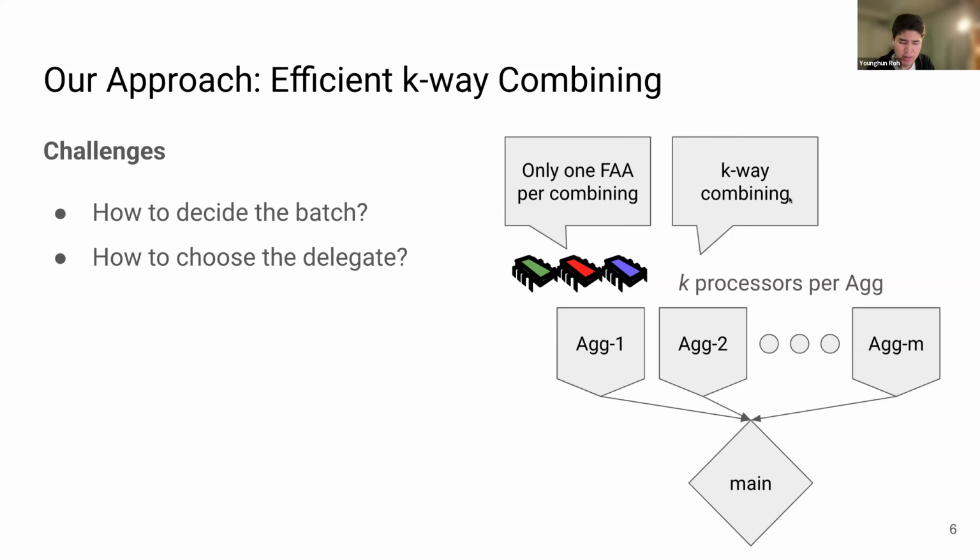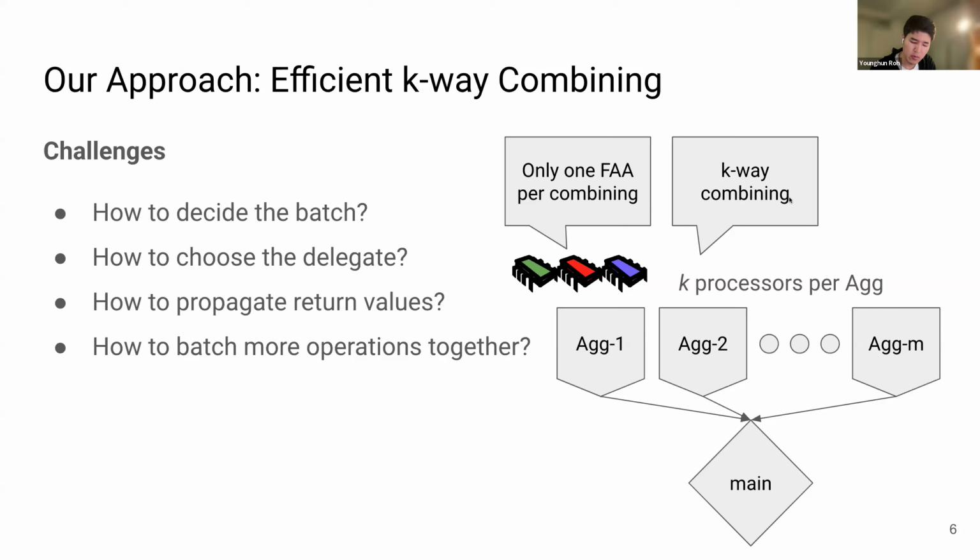Also, when the batch is formed, you have to figure out a way to choose the one delegate among those k threads, because in this algorithm there can be many threads trying to be a delegate. And after the delegate is chosen and does the work on the main variable, the delegate thread has to propagate the return value to the k-1 other threads. So that propagation process also has to be very efficient.